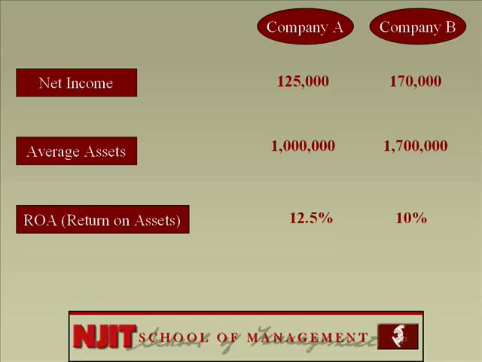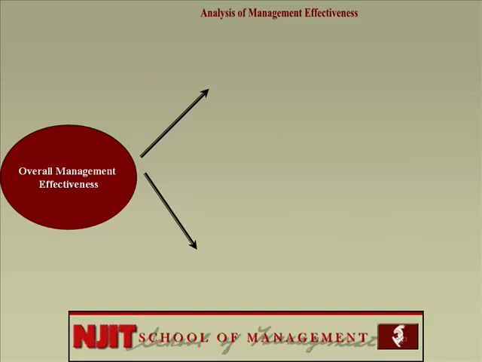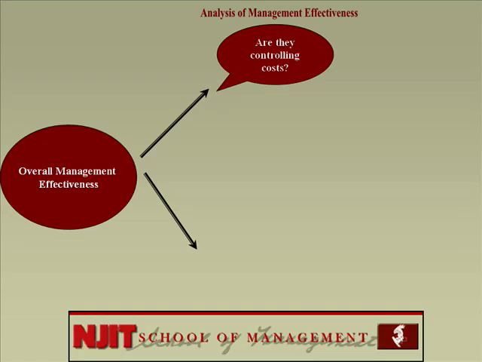Now the next question is, why? There are 2 broad reasons a company could be performing better. To measure overall management effectiveness, you ask 2 questions. One, are they controlling costs?